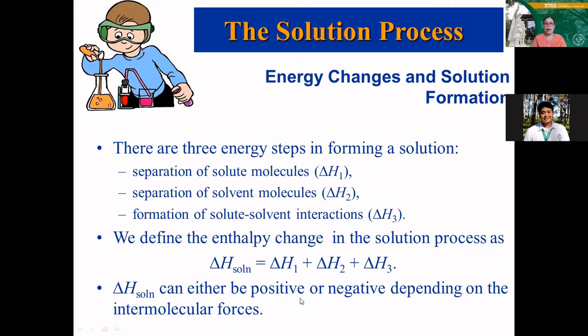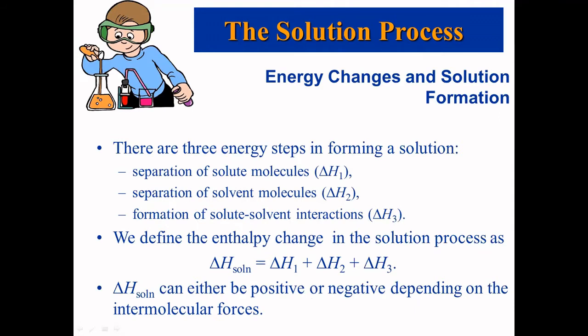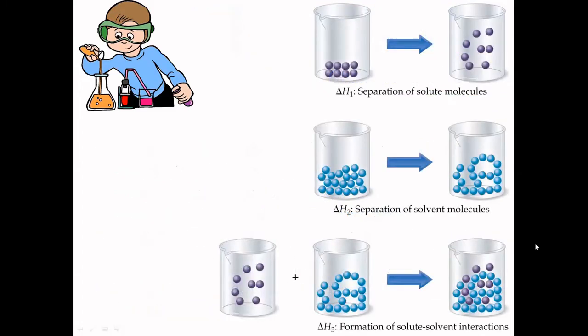It can either be positive or negative depending on the intermolecular forces that are happening during the process of dissolution. Then in the separation of your sodium and chlorine ions for your sodium chloride, and in the separation of your solvent molecules, you have this delta H1 and delta H2 associated with it.